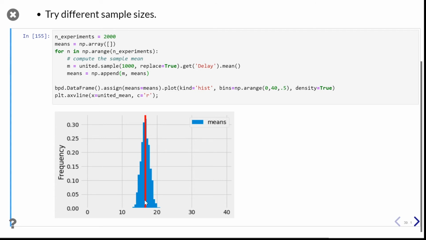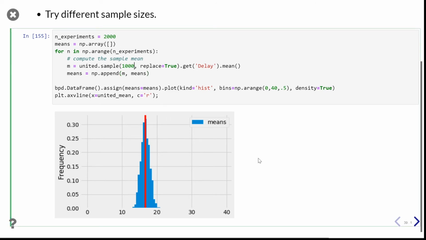But sometimes my experiment would be far away. Sometimes it would give me a sample mean of 20, or something like 13. So it would be pretty far away, but it looks unlikely. The most likely results are in the middle here, and the distribution shows me that it's unlikely to see anything this high.